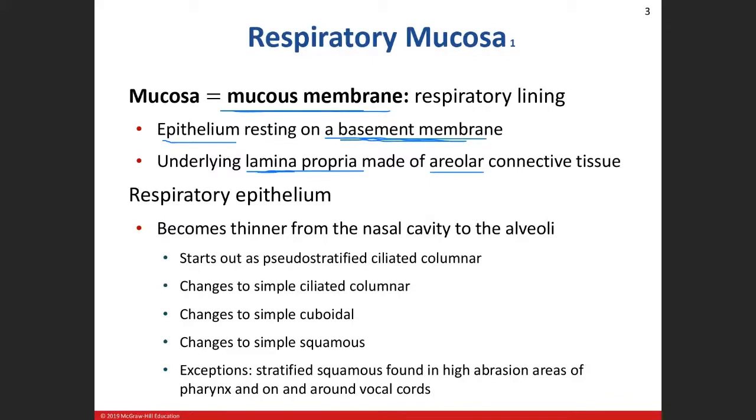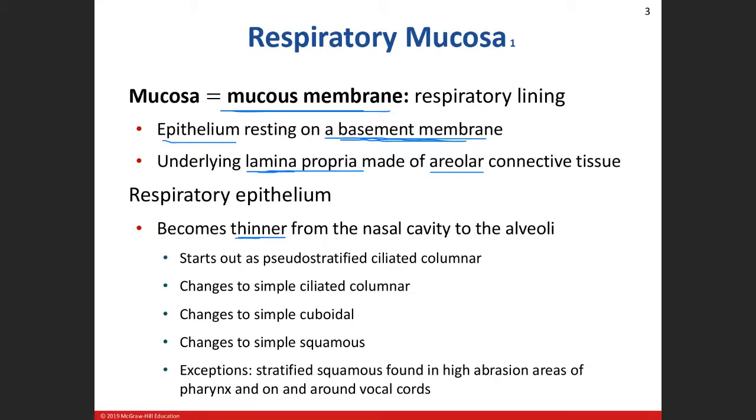When we talk about the respiratory epithelium, as we move from the nose and mouth down to the alveoli, it becomes thinner. That's what we want, because from the conducting zone all the way down to the respiratory zone, we want the respiratory zone to be as thin as possible.